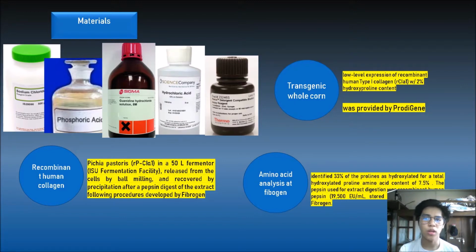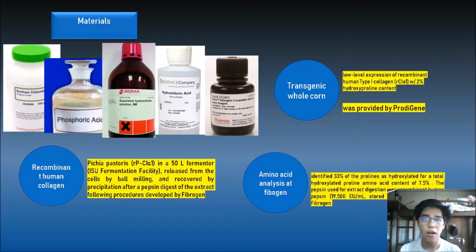Whole corn with low expression of the recombinant human type 1 collagen, with 2% hydroxyproline content from the 2004 field trial, was provided by Prodigene Incorporated as part of the research collaboration with FibroGen Incorporated.